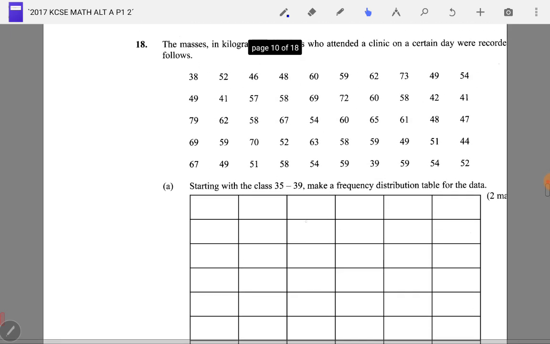The masses you've been given have not been arranged, but now that you've been told to arrange starting with 35 to 39, we have a hint that the class width in this case is 5. So we shall start with the least class, the smallest class, which is 35 to 39.